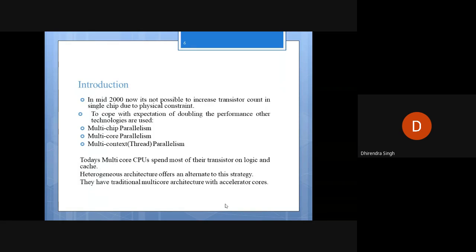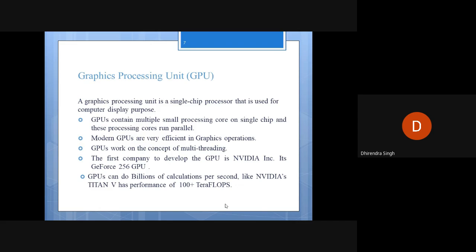All of them are not used for computing purposes. So a new concept came: add an accelerator core with the multi-core processor in our machine. Why not go ahead and add an accelerator core in our machine? From there, the GPU computing concept came into the picture.